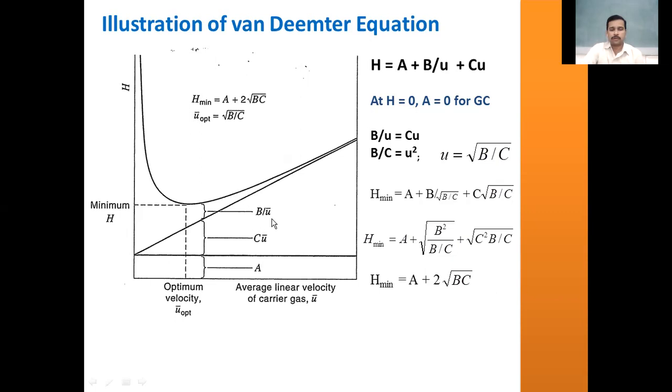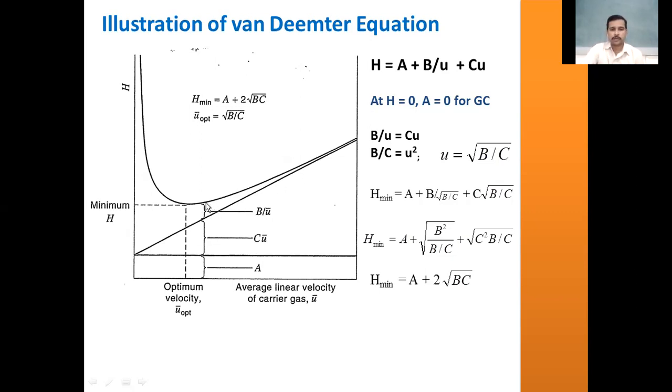And this is the curve for the longitudinal diffusion, B by U bar. As you increase the mobile phase velocity, H will decrease, and from one particular velocity, H will start to increase.